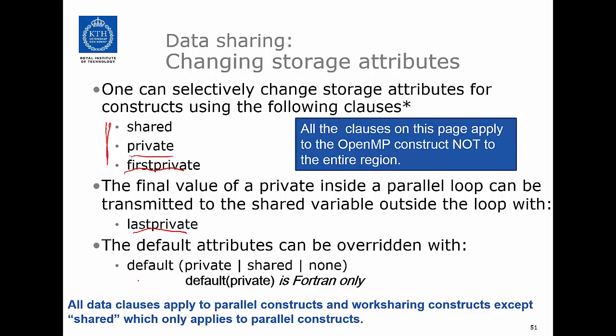There is also a way to override the default attribute by specifying default shared, which is the same thing in C. Default private can only be used in Fortran, and default none, which forces you to specify for every variable if it's going to be shared or private, which I recommend strongly.